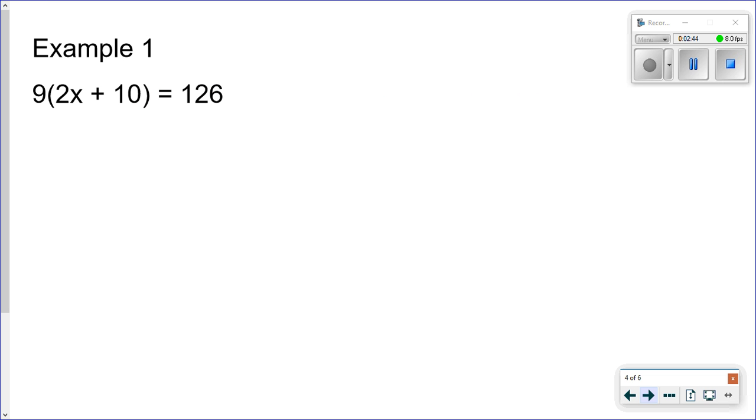So, for example 1, using our expanding skills, and all of a sudden we're back into two-step algebra.